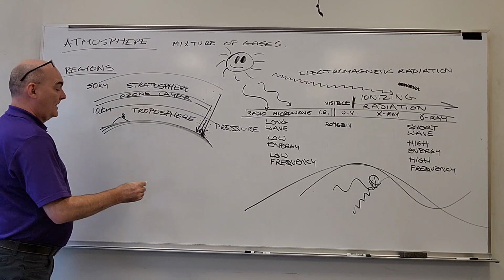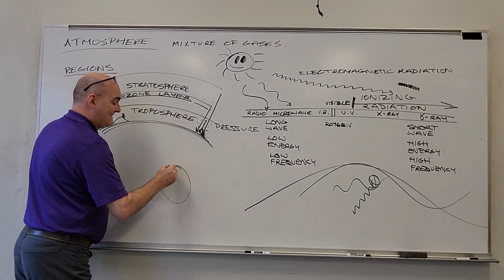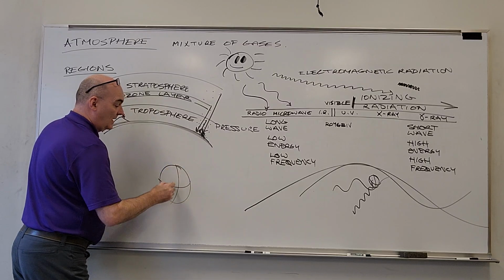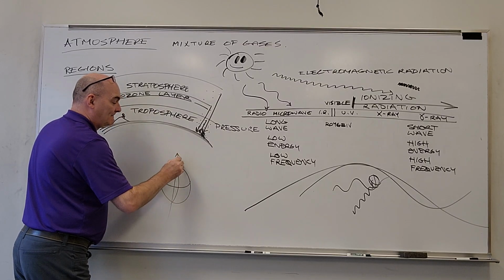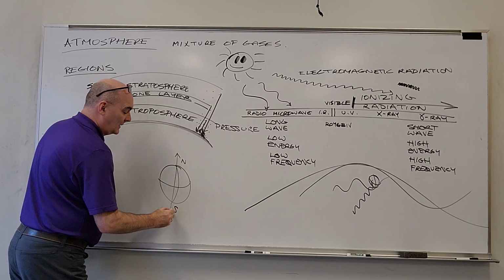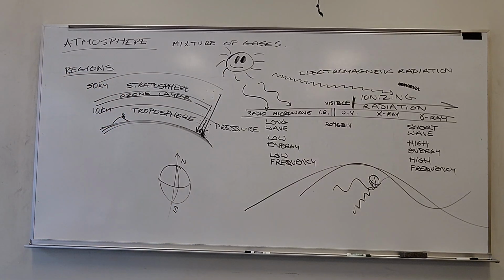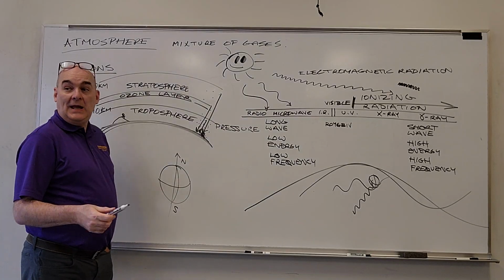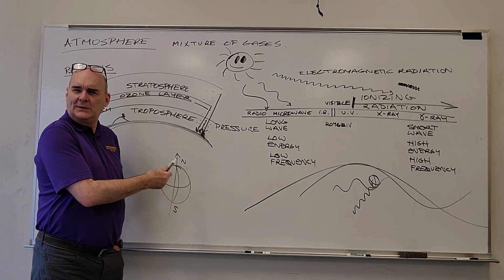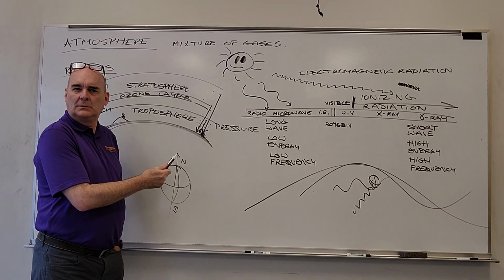Okay. First off, here's the planet. The planet is magnetic. We have a north and south pole. Why do we have magnetic poles?